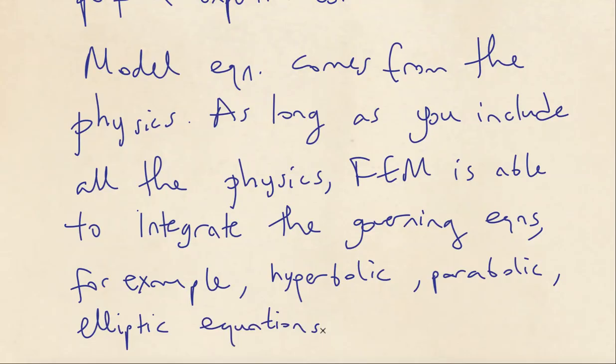So you can just search for the physical mechanism behind this kind of equations. Maybe you heard of them in the differential equation class: what is a hyperbolic equation, what is a parabolic equation, what is an elliptic equation. You can just go back or Google the physical uses of these equations. For example, if you consider heat conduction, diffusion type problems are parabolic.